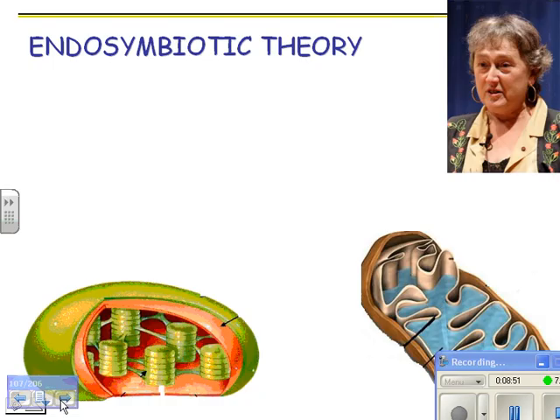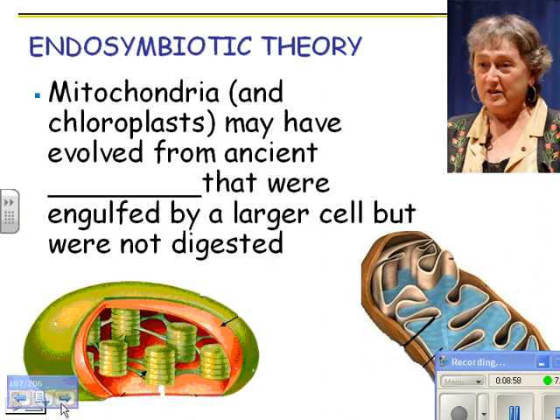So there's this theory called the endosymbiotic theory, and this lady's the one who figured it out. She only died a year or two ago. Mitochondria, and for that matter, chloroplasts, and actually all the plast things in plants, may have evolved from ancient bacteria that were engulfed by a larger cell but weren't digested. And they developed this symbiotic relationship over time. So that's why these things have a double membrane, maybe.